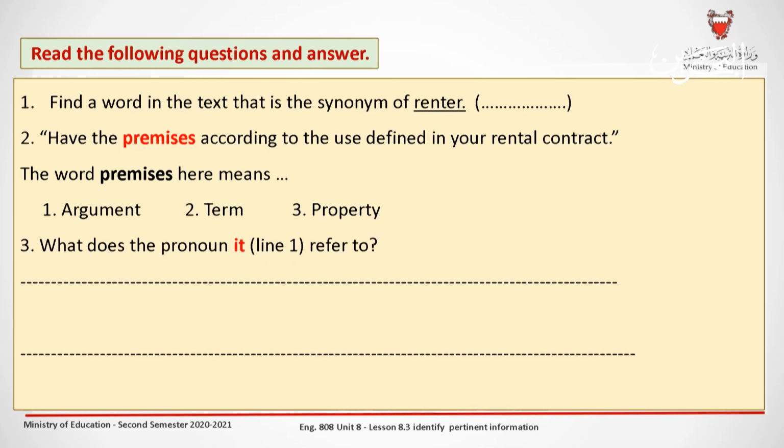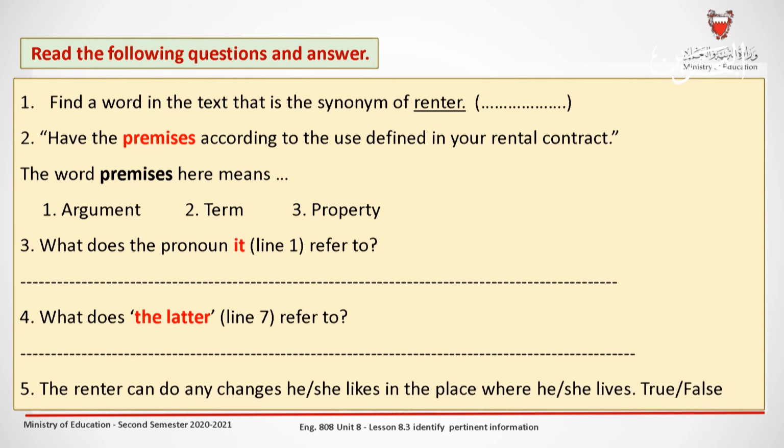What does the pronoun it in line 1 refer to? 4. What does the latter in line 7 refer to? 5. The renter can do any changes he or she likes in the place where she or he lives. True or false? And now you can check your answers.